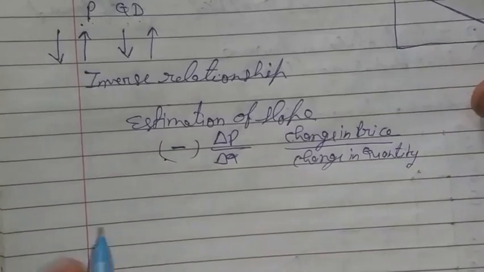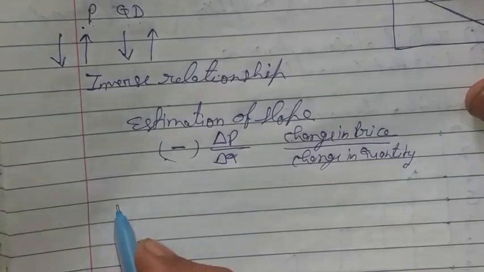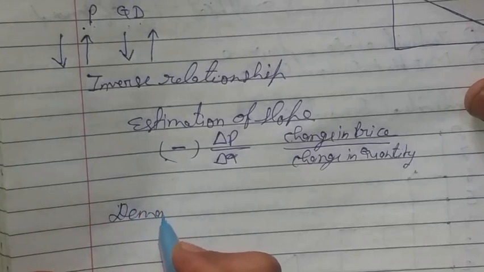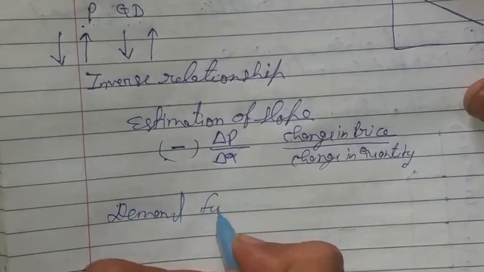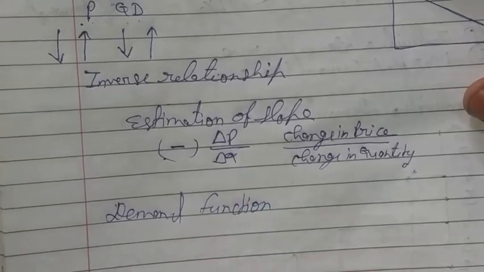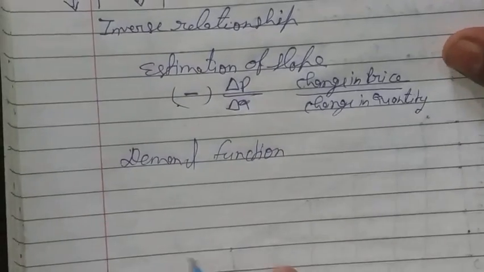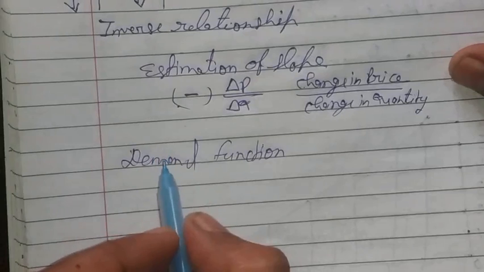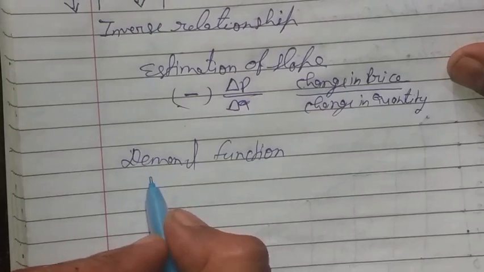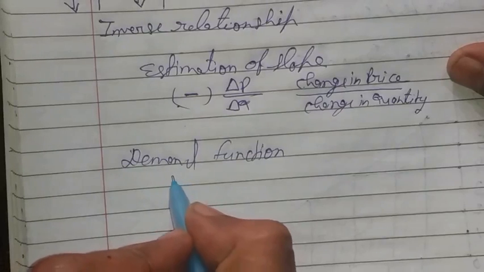The demand depends on some more items that are called the demand functions. As we know, there are two categories of demand.